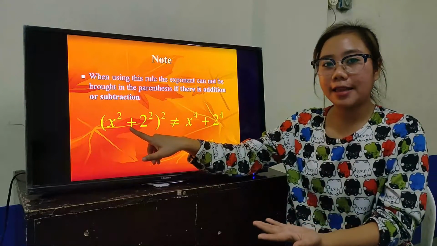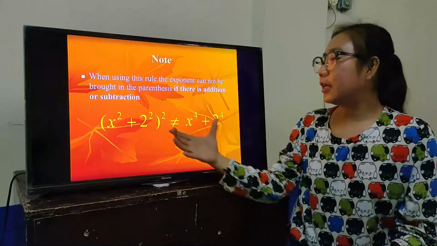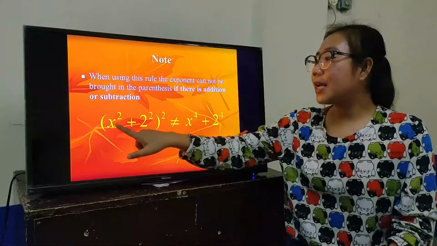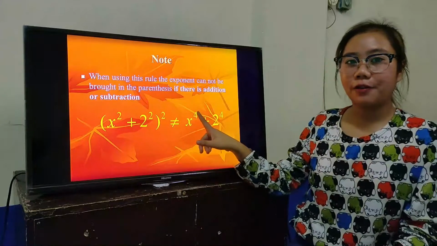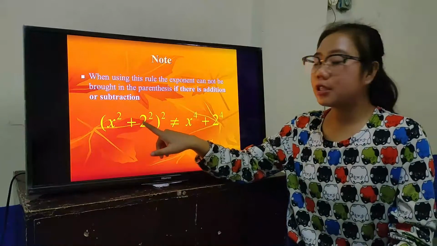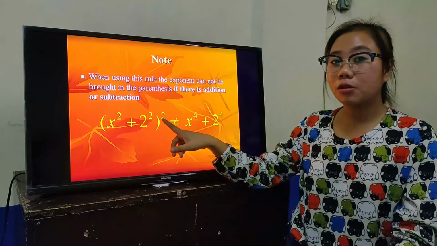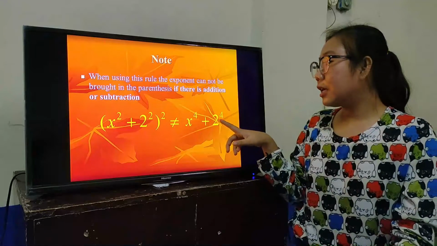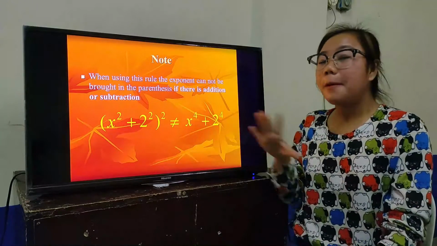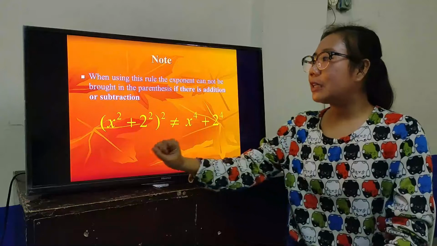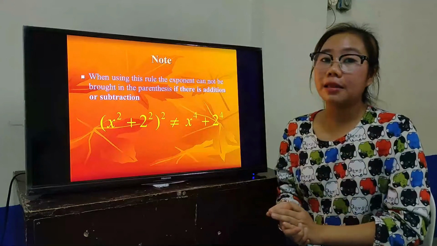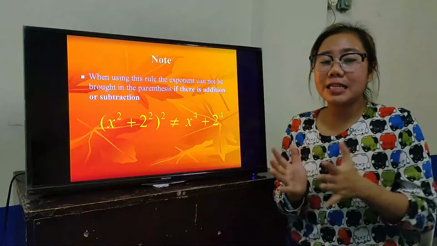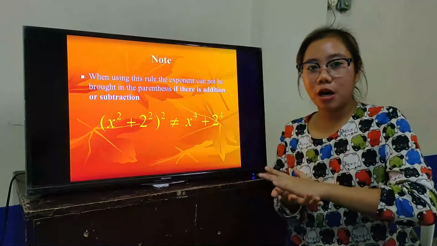Hindi mo siya pwedeng gawin ganito: x raised to the power of 2 times 2 is x raised to 4. No. 2 raised to the power of 2 times 2 is equal to 2 raised to the power of 4. Mali-mali po yun.